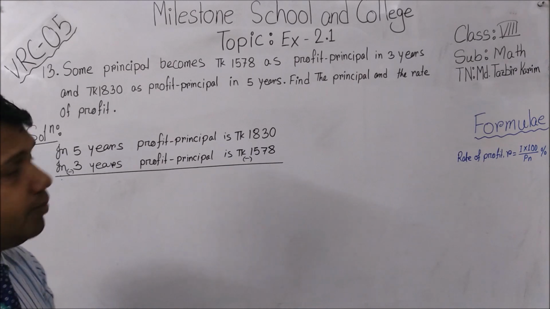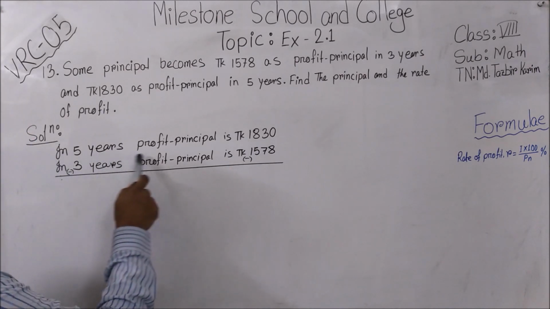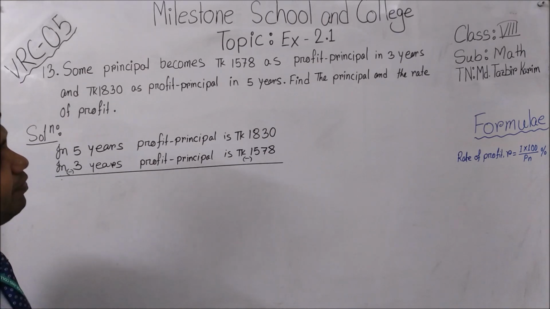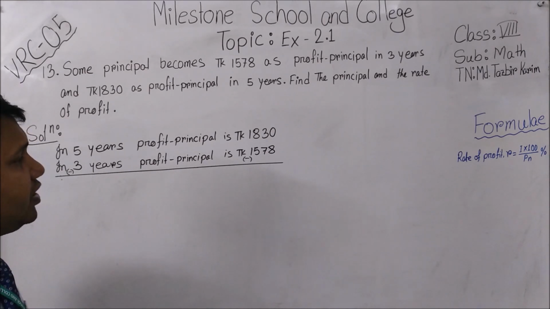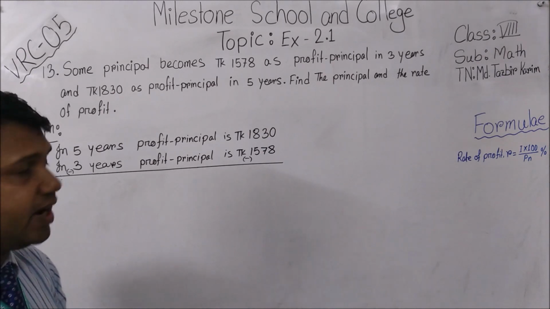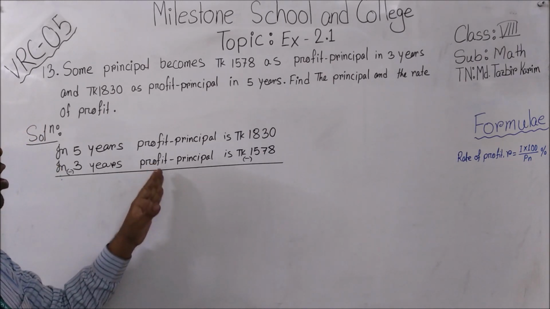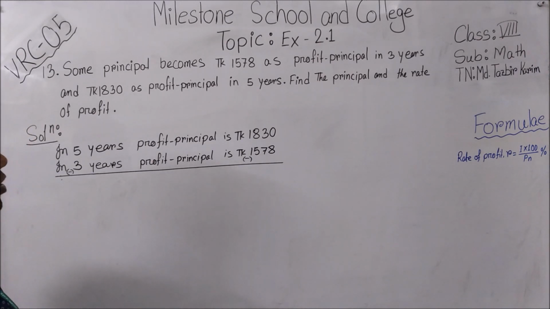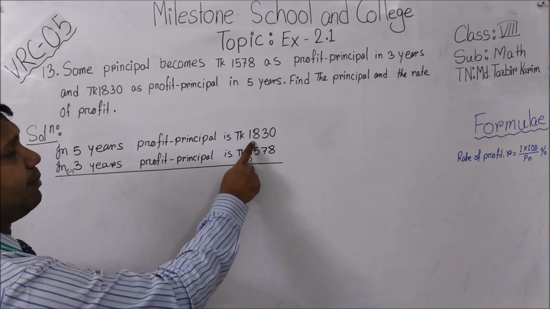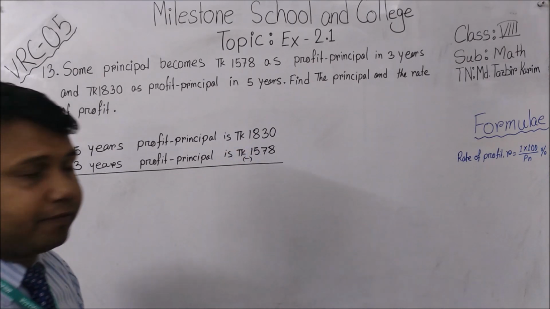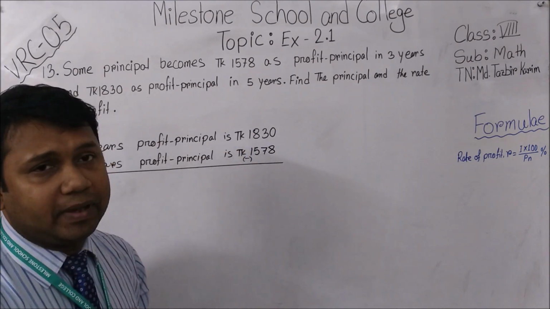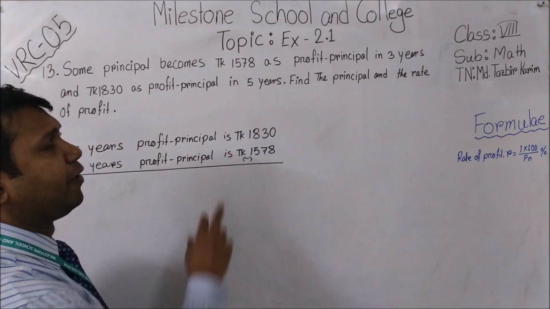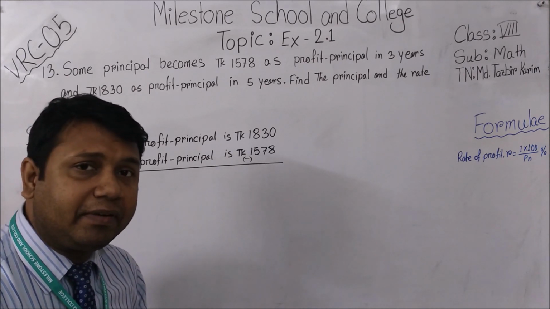So here is the math that we are going to solve. Here is the solution of question number 13 that you can see. In 5 years profit plus principal is taka 1830, and in 3 years profit plus principal is taka 1578. So if we subtract, we will get in 2 years only the profit is 252 taka. Why? Because you can see this amount is principal and profit, and this is also principal and profit. But in the difference between 2 years, the profit has changed, but the principal remains the same.